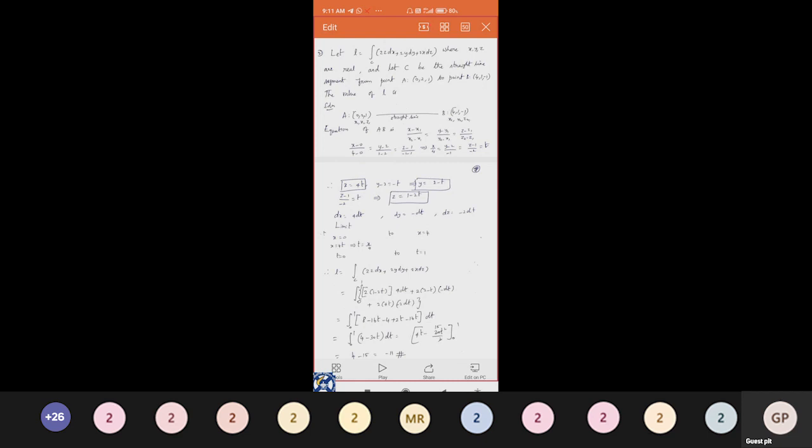To find the limits of t, I'm going to take the limits of any one of the variables. So let me take the limits of x. From the point A, the x coordinate is 0. Point B, the x coordinate is 4. So the lower limit of x is 0, the upper limit of x is 4. Now you use the x and t relation, x = 4t.